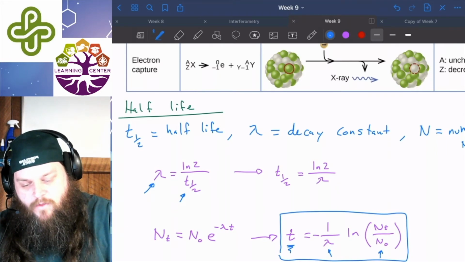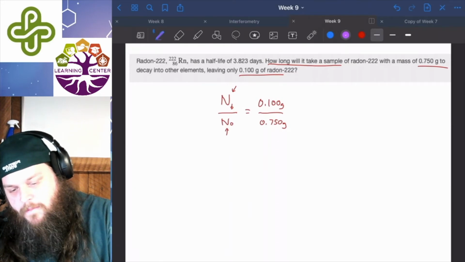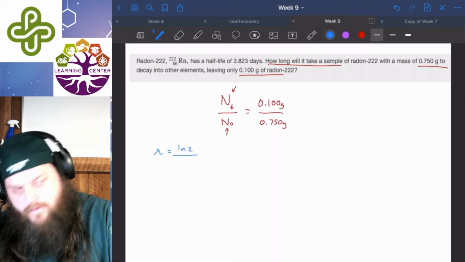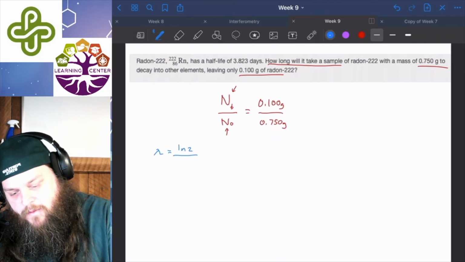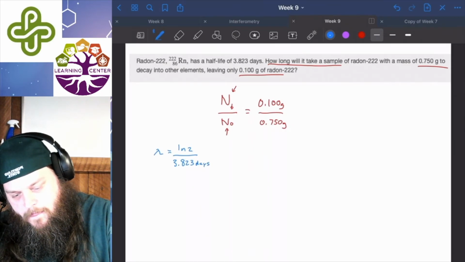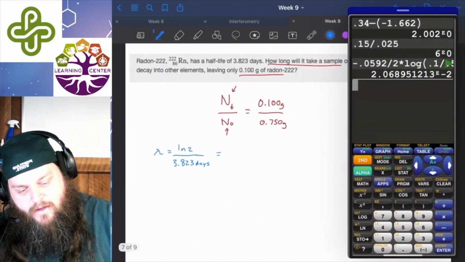So let's start off with solving for the decay constant. Lambda is going to equal the natural log of 2 divided by the half-life. Well, the half-life we know is 3.823 days. So we can plug that into our calculator.